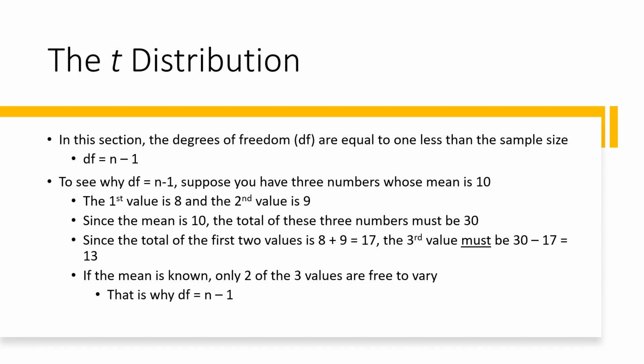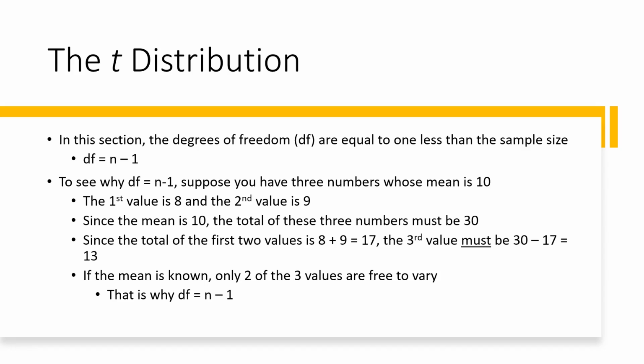So when I'm looking at the t-distribution, the degrees of freedom is going to be our number of observations minus 1. To see why this happens, suppose you have 3 numbers with the mean of 10. So my first value is 8, my second one is 9. Since the mean is 10, that means the total of my 3 numbers must equal 30.